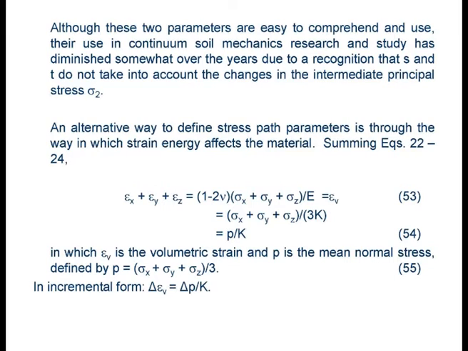Which we call the mean normal stress. So basically what it says here is the volumetric strain is equal to the mean normal stress divided by the bulk modulus. That's basically all there is.